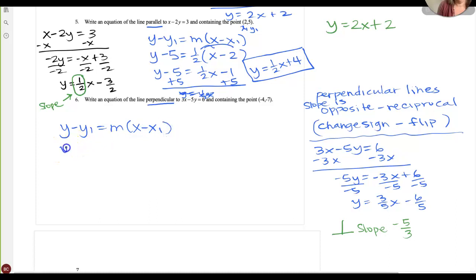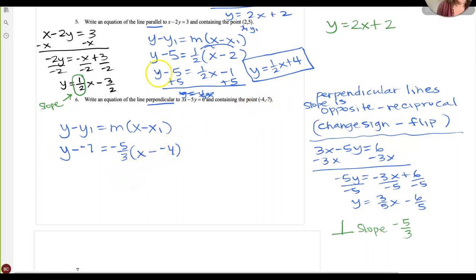All right, so if I do this, I've got y minus a -7, right? And then equals m, which in this one is -5/3, times x minus a -4.